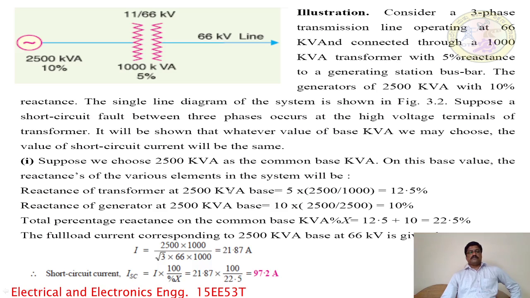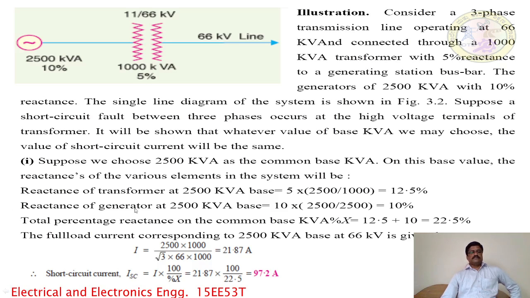The reactance of the transformer at 2500 kVA base: the formula is reactance into base kVA divided by rated kVA. The rated kVA of the transformer is 1000 kVA and the common base kVA is 2500 kVA. The rating of the generator is considered as its base kVA. Therefore the reactance of the transformer at 2500 kVA base is 12.5%.